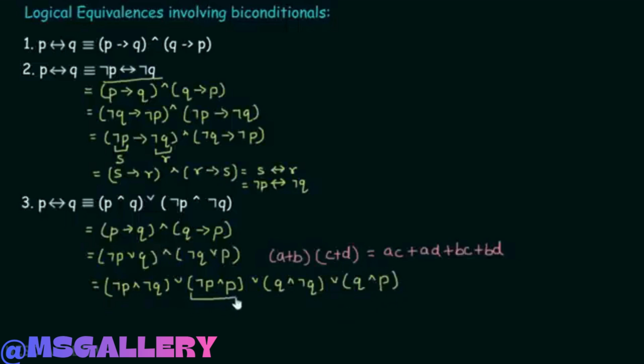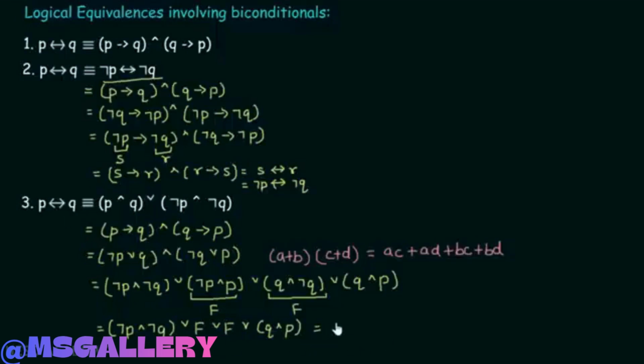Not P and P is false, right? Similarly, Q and not Q is also false according to the negation laws. Then this expression would be not P and not Q, or false, or false, or Q and P. As false or with anything will be anything, right?